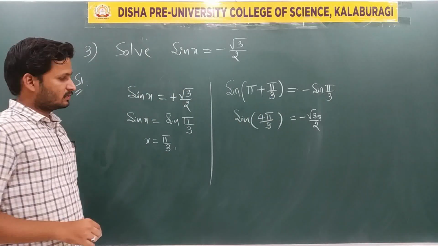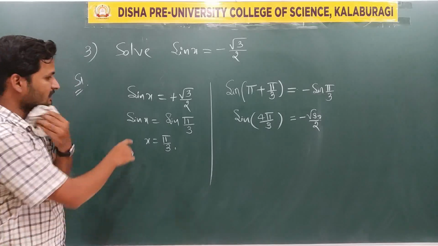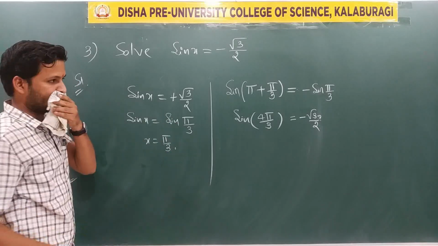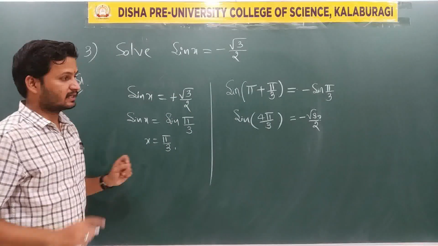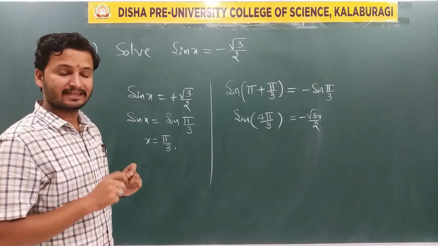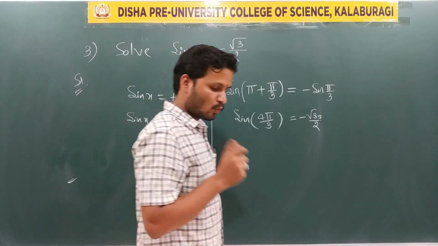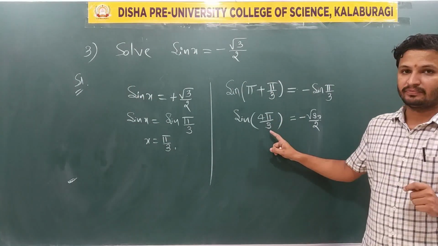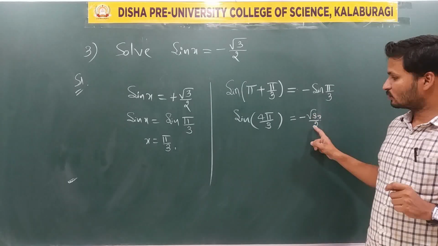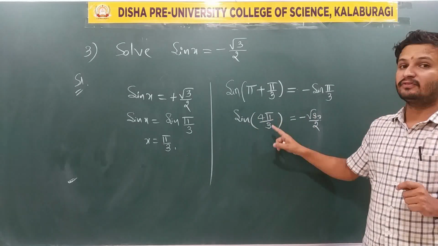Okay, so observe here, sin x equals minus sin of pi by 3. So how do we write the general solution? Sin x equals sin y. Here y is actually 4 pi by 3, because minus root 3 by 2 equals sin of 4 pi by 3.